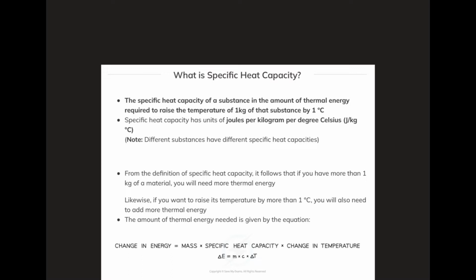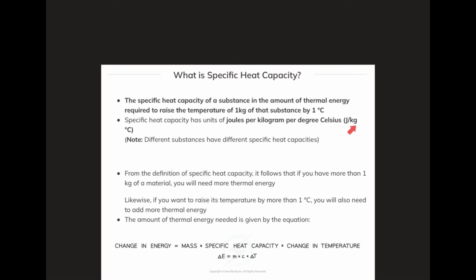Okay, now let's see the next point. Specific heat capacity has units of joule per kilogram per degree Celsius. So you can see the unit is also different. Just now thermal capacity is joule per degree Celsius. Now it is joule per kg per degree Celsius, so there is an extra per kg.